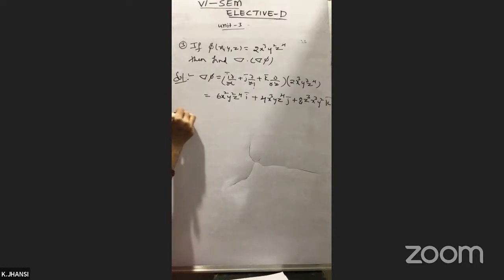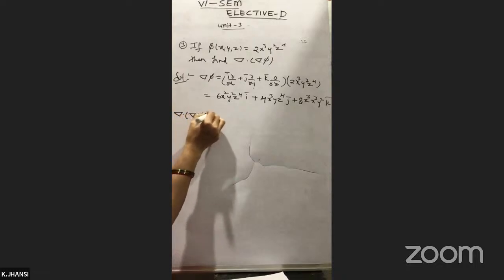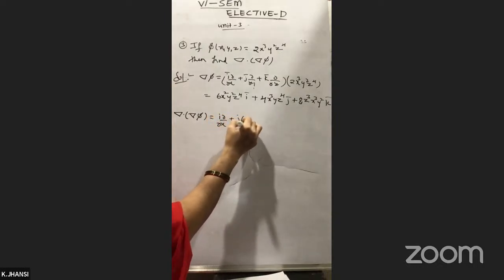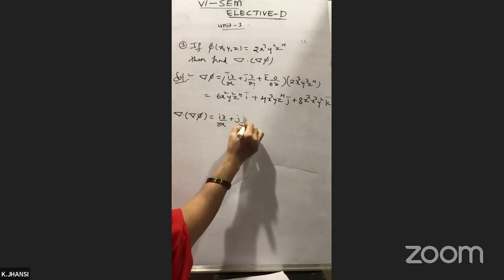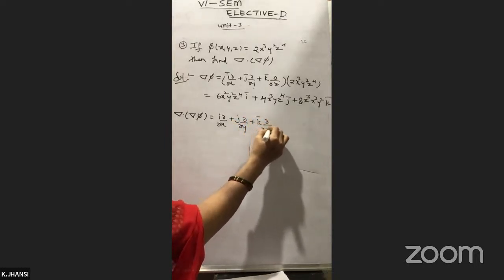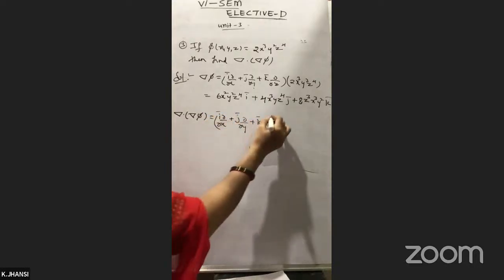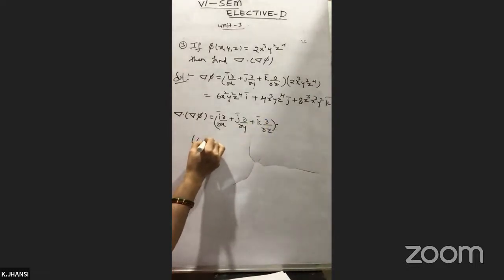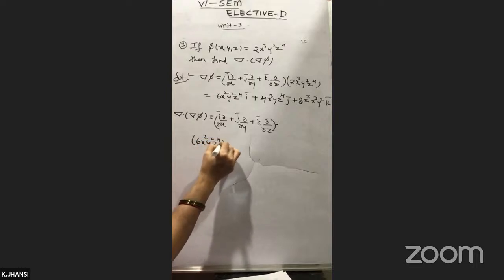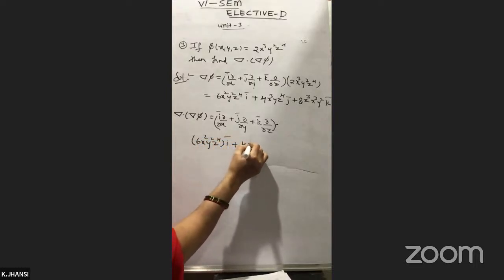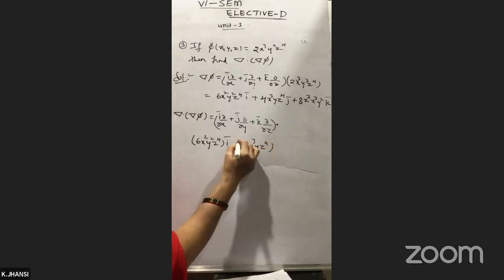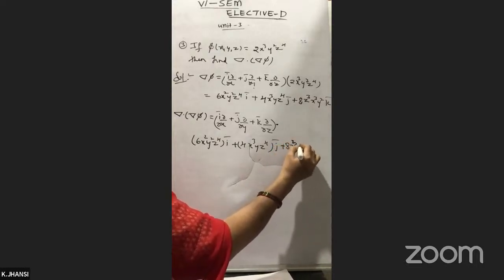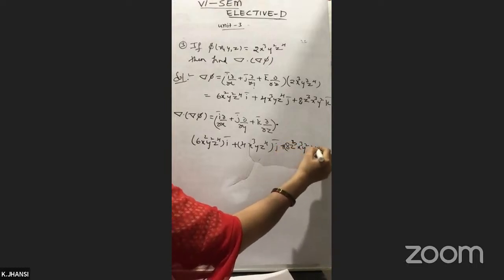But the question is asking del dot del phi. Again, del means the same: i ∂/∂x plus j ∂/∂y plus k ∂/∂z, dot product of this whole thing, that is the dot product of 6x square y square z to the power of 4 i plus 4x cube y z to the power of 4 j plus 8z cube x cube y square k.